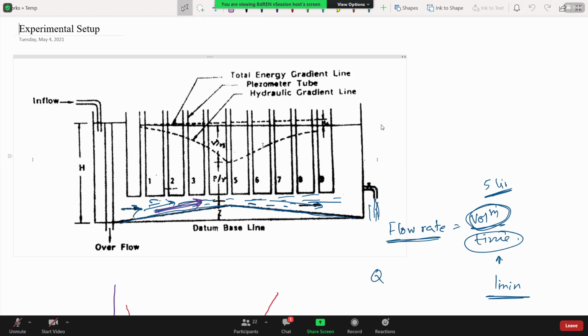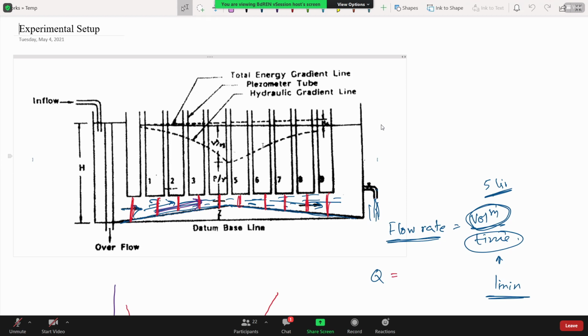Yes, sir. Your next task will be to find the area of each of these sections. There are 11 sections in total. If it were in the lab, I would show you how this works, but since we are not there, you have to go with the imagination. You know the flow rate.